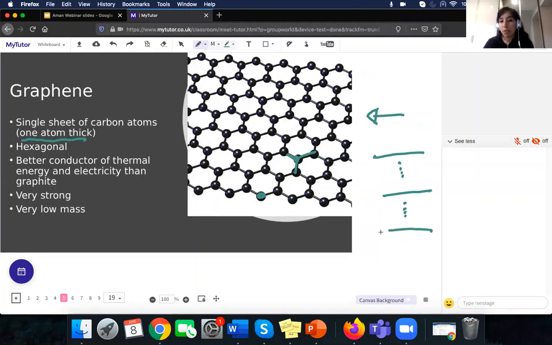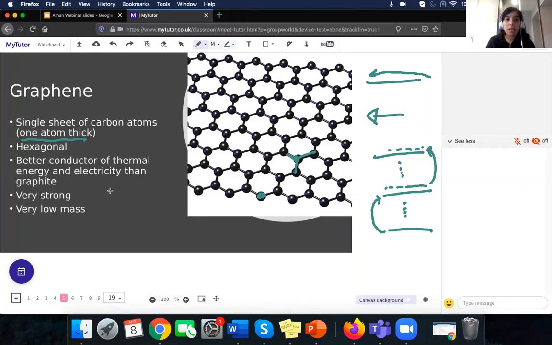Electrons have to travel through the layers as well as along a layer. So there's a lot of resistance there that the electrons can come across when they're trying to carry a charge in graphite. Whereas in graphene, because it's only one layer, the electrons only have to travel along that layer. They don't have to travel between layers, so there's less resistance.